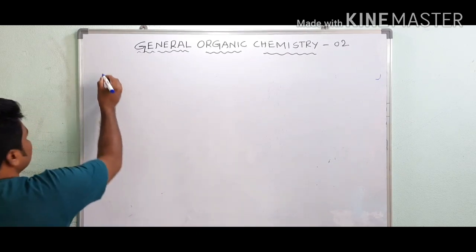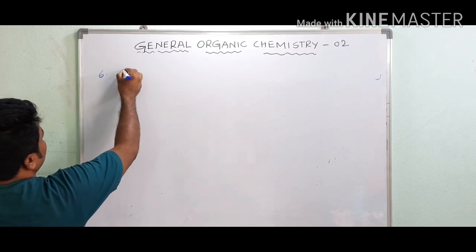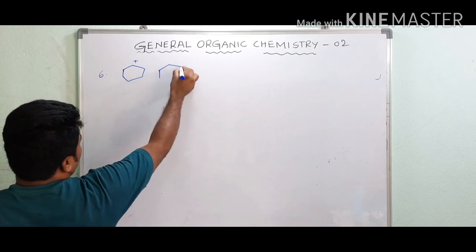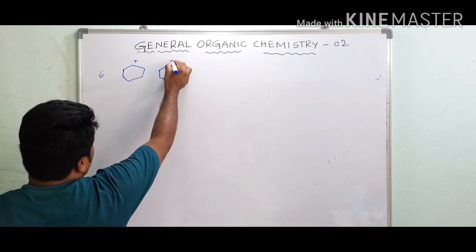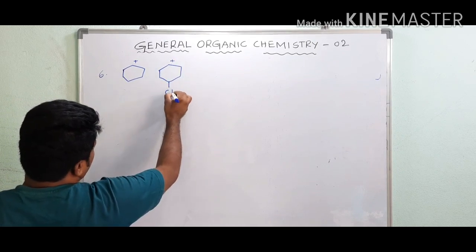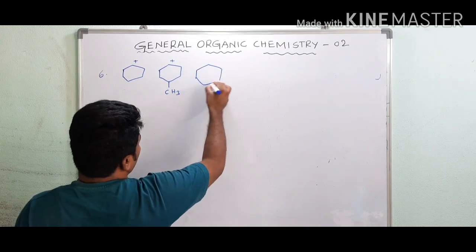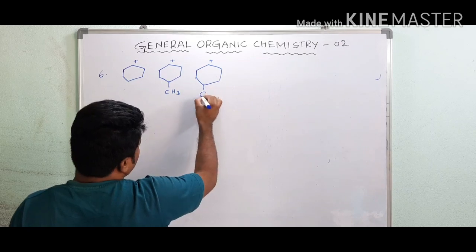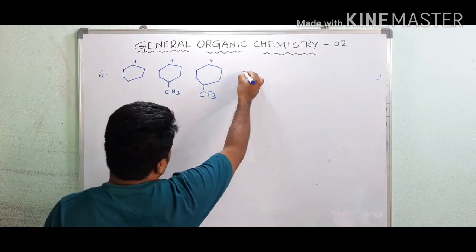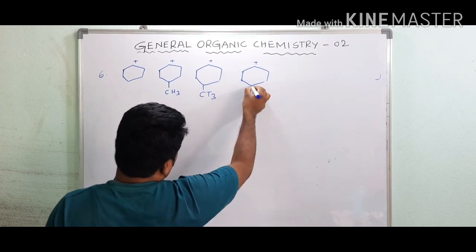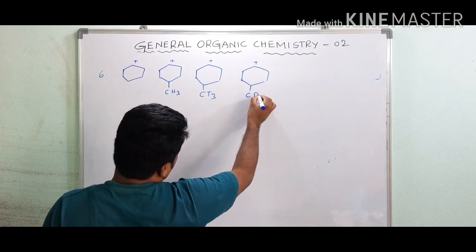Now sixth problem. Plus charge, plus, but here one group is there, CH3. So one more group, here CT3, tritium isotopes, and here what? CD3.